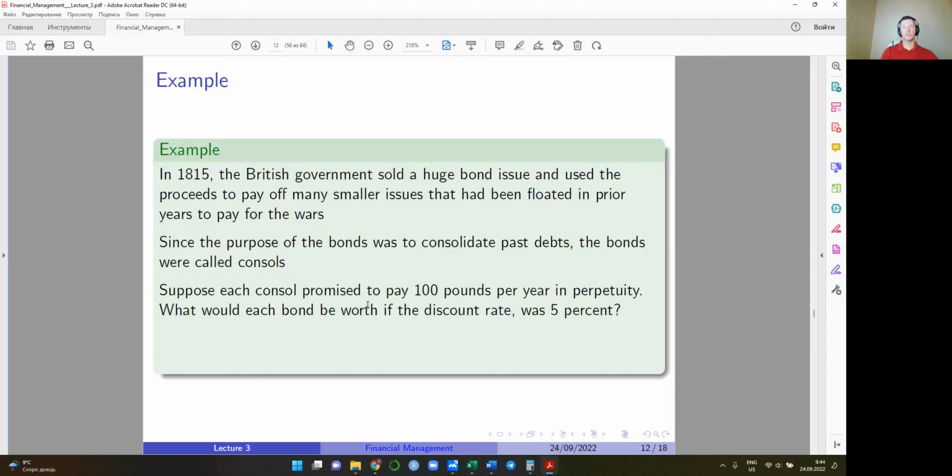So suppose each consol promised to pay £100 per year in perpetuity, because you don't know when this obligation finishes. What is going to be the price of each bond if the discount rate is 5%? 100 is your annuity, your payment, and 5% is the interest rate.